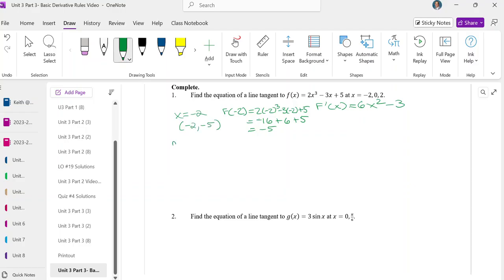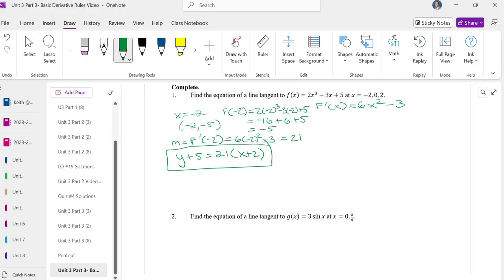But then for the slope, that would be f prime of -2. So that'd be 6 times -2 squared minus 3, which would be 21. So your equation would be y plus 5 equals 21 times x plus 2.